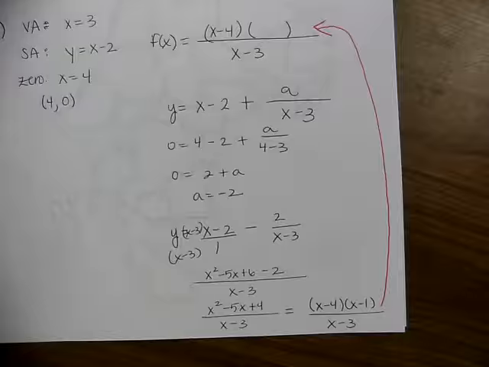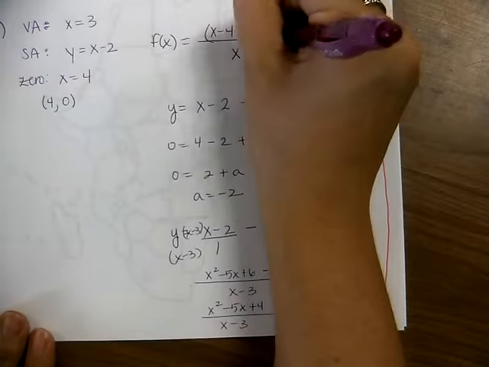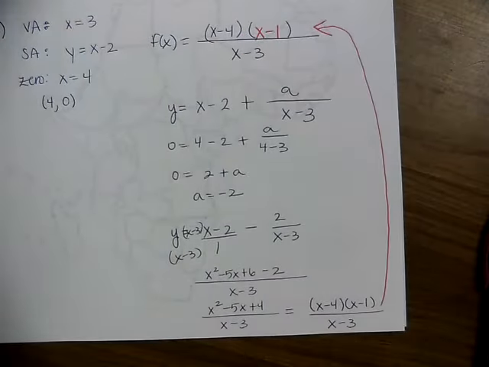The other factor. That's how you have to find it. You have to think about the long division that happened to produce the solution. You have to find out what that remainder is, and then you're going to combine that into one rational function. So x - 1 is the missing factor I needed.